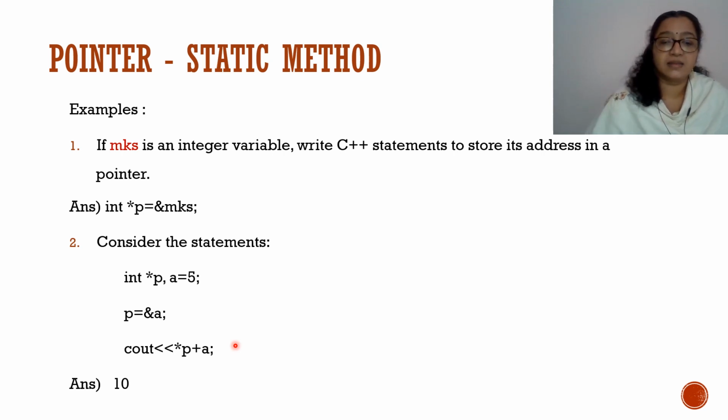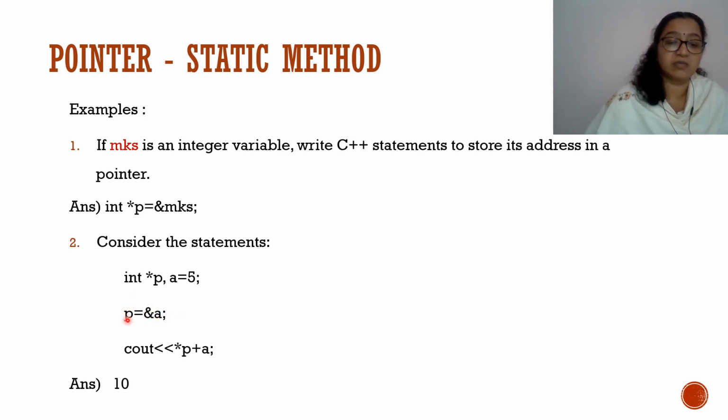Clear? See once more. Int star p means it's a pointer variable. A equal to 5 means the normal variable, and we initialized it with 5. Then the next statement we put p is equal to ampersand a. Ampersand means address of a. The meaning is the address of a will be assigned to p.